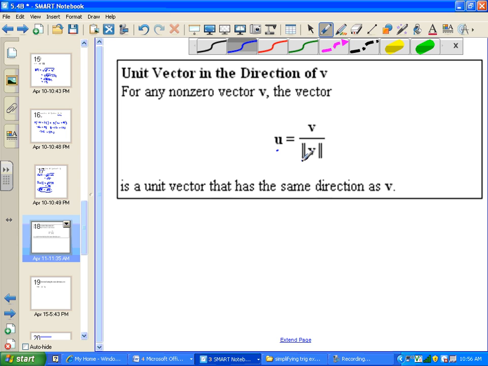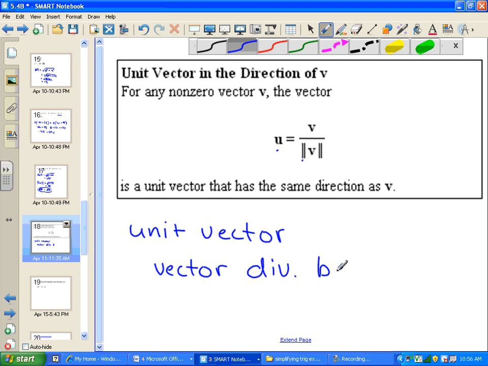You want me to kind of write that out for you? So the unit vector is the vector divided by the magnitude.